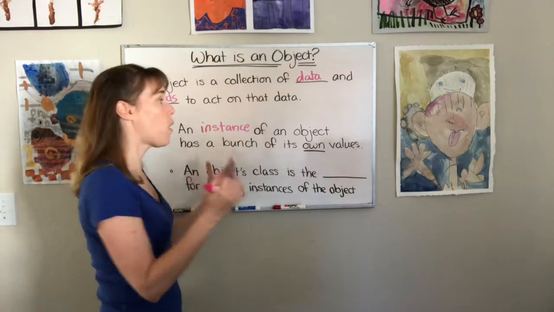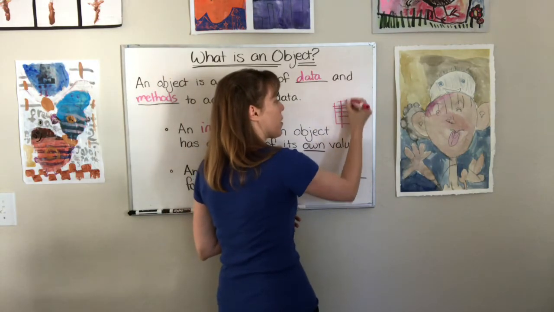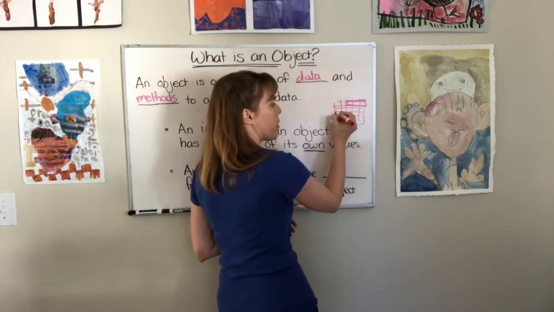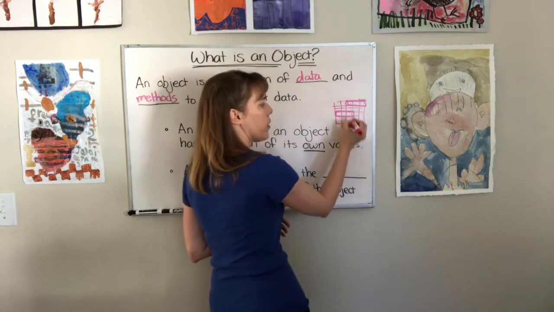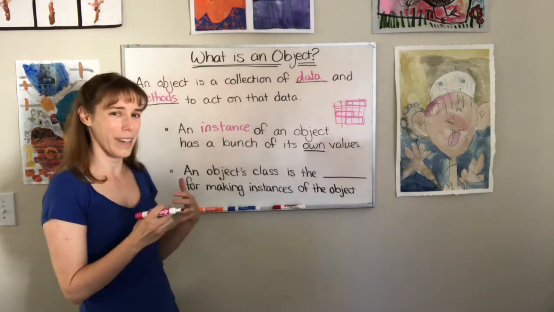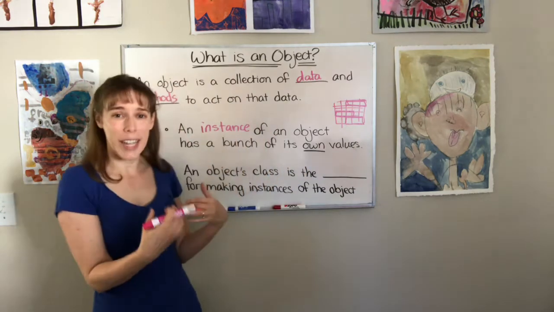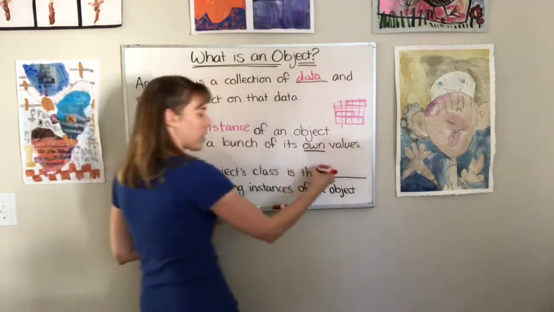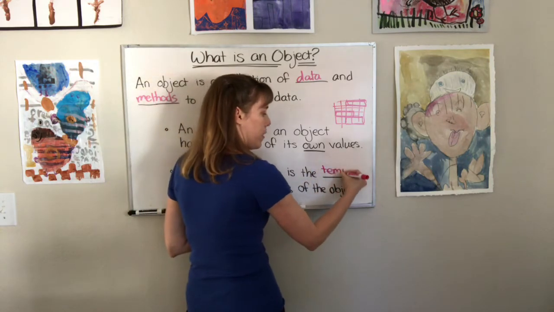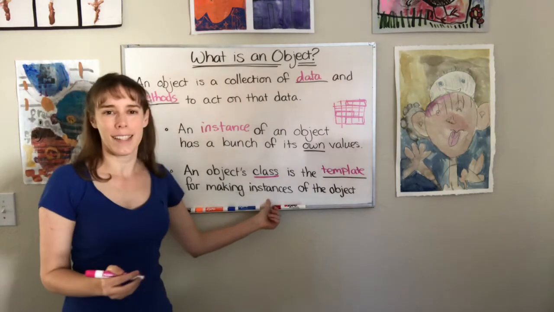And so when you go off to store those in memory, right, you have one instance of a Jabberwock object over here, and another instance over here, and another one over here. You can have a whole bunch of instances of it, right? That is separate from the code that creates it. So an object's class is the template for making instances of the object.